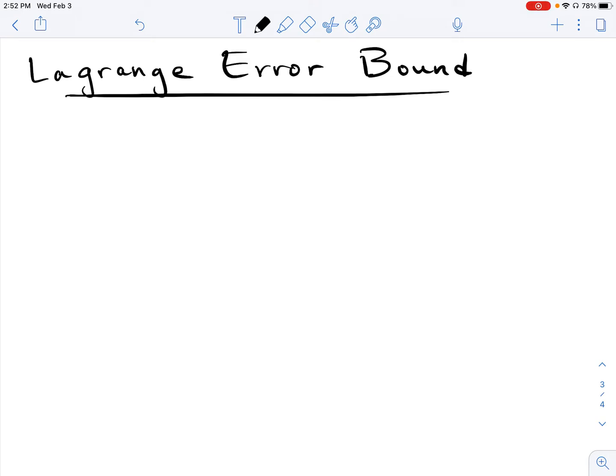But before I talk about the Lagrange error bound, let's take a step back and revisit our conversation on Taylor series. The whole point of a Taylor series is that they use polynomial series to replace more complicated functions. And they're amazing. They do a really good job of approximating values. But oftentimes in practice, it's impossible to add up an infinite number of terms.